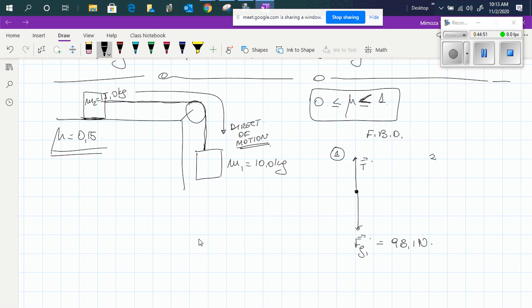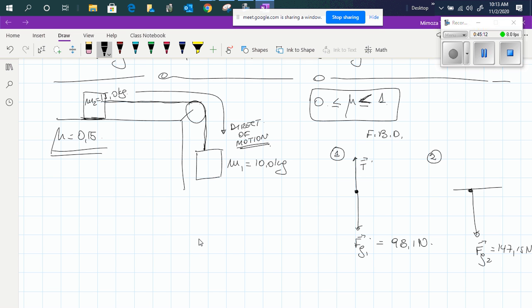And for object 2, the free body diagram will be a bit more complicated because we will have force of gravity, which is 15 times 9.81, will be 147.15 newtons.